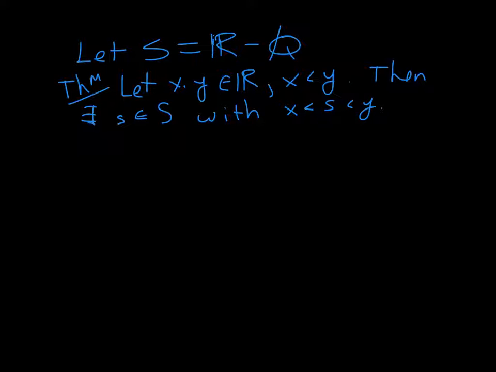So I can always find an irrational number in between any two real numbers that I choose. So the proof of this one is a little bit more straightforward than the last one, I think you'll find.